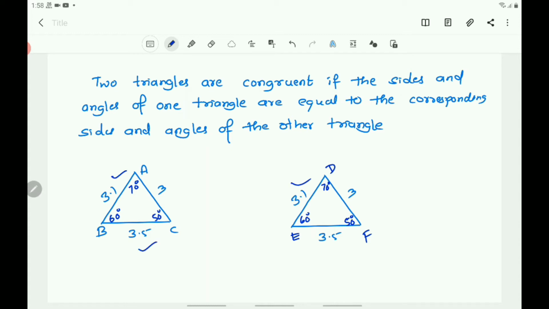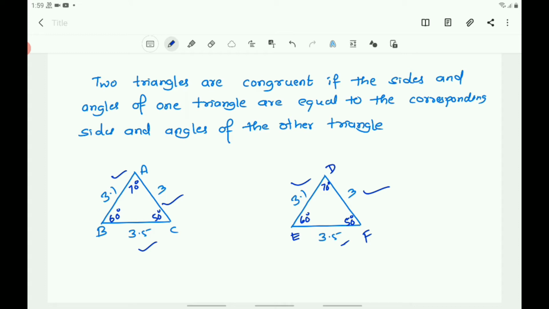BC and EF have the same measurement, that is 3.5, and AC and DF have the same measurement, 3. Angle A and angle D are equal, 70 degrees. Angle B and angle E are equal to 60 degrees. Angle C and angle F are equal to 50 degrees. Their corresponding sides are equal and corresponding angles are also equal.